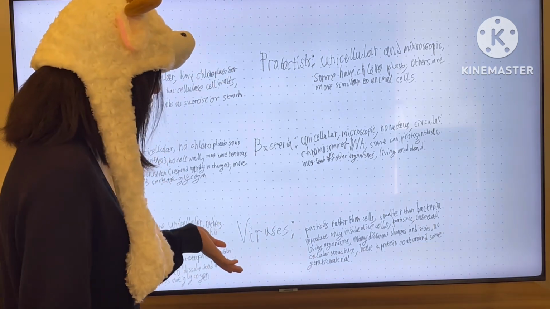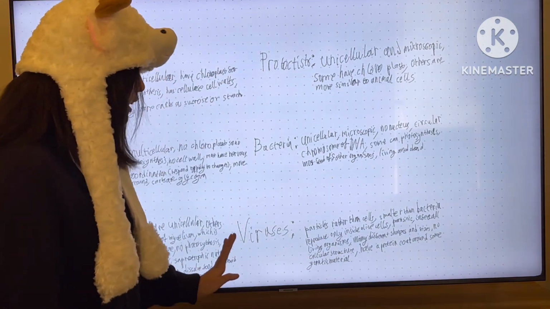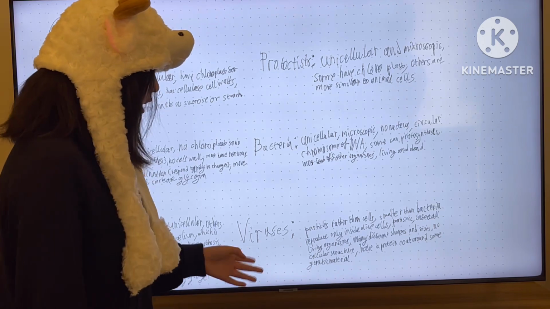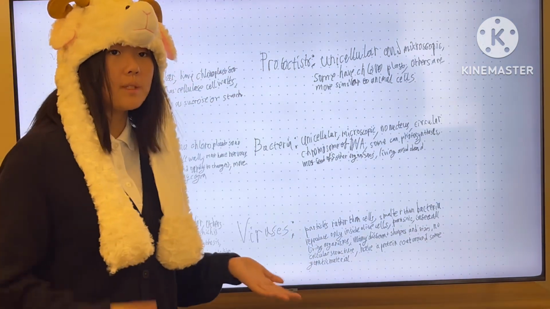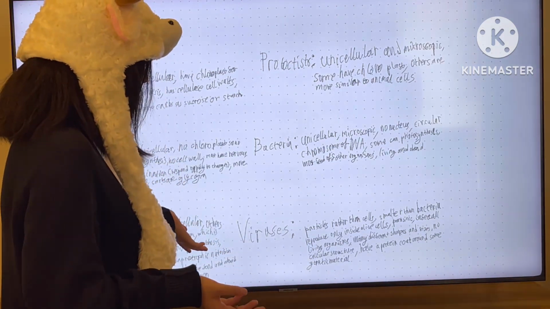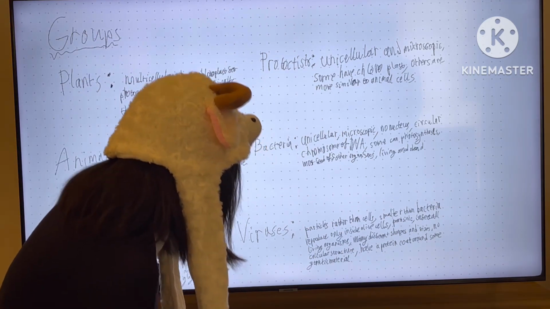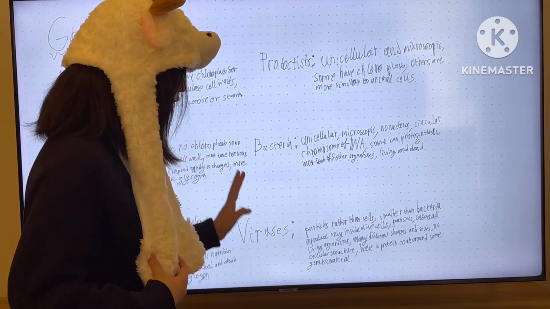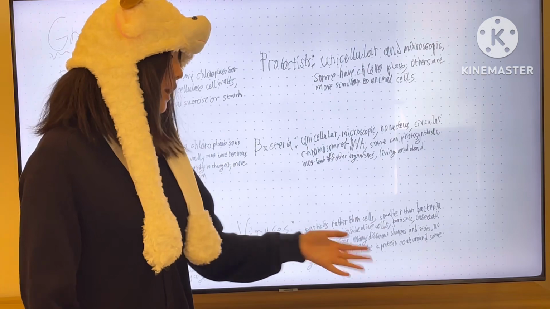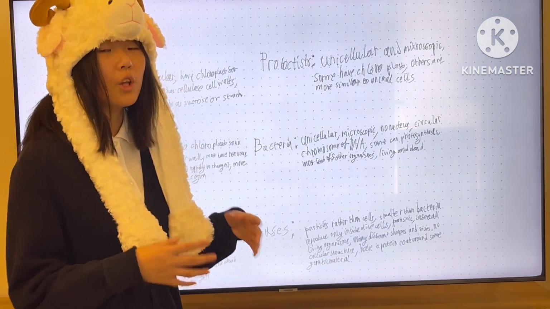Viruses are parasitic and infect any living organism, and they have many different shapes and sizes. They have no cellular structure. They have a protein coat around some genetic material, although they don't have a nucleus.